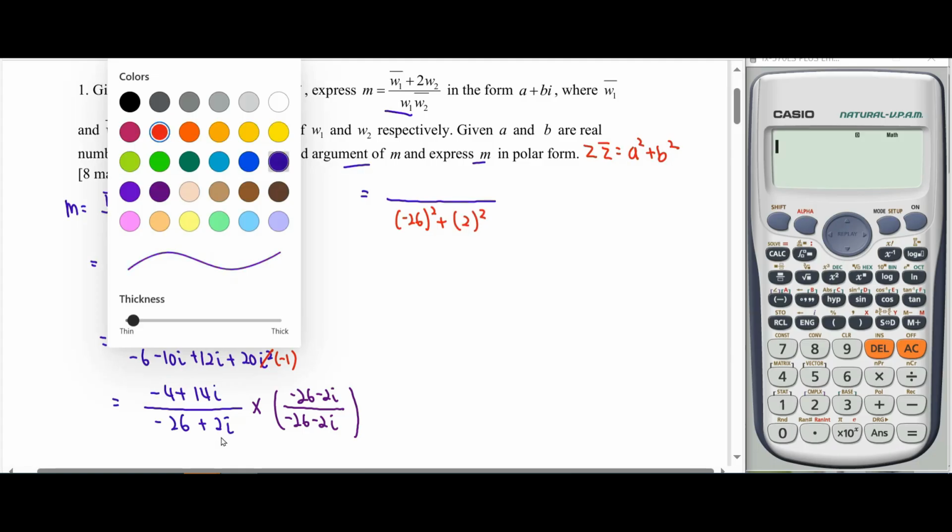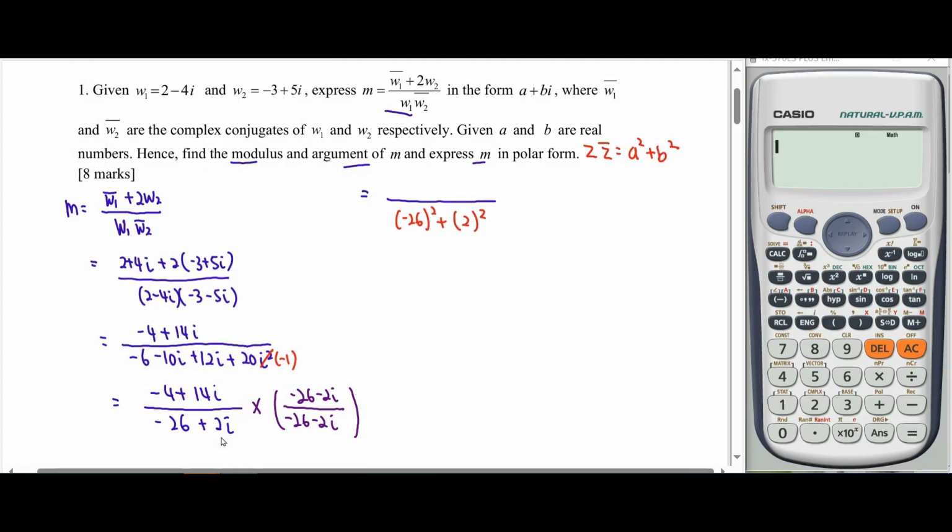So for the numerator, we expand one by one. 4 times this. Negative, negative becomes positive. And then 4 times the back, positive 8i, and then 14 times negative 26. So we have negative 364.